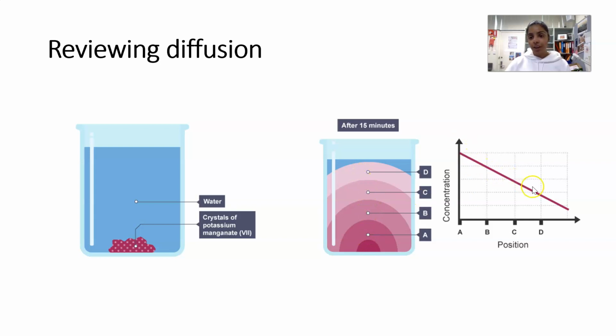And this graph is a representation of that. You can see that at point A, there was a really high concentration of dye. And over that 15-minute period, the concentration of dye spread out and it became less concentrated. So we've gone from a high concentration up here to a lower concentration down here.